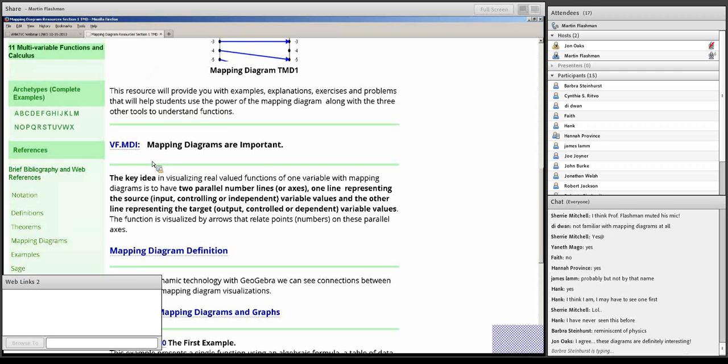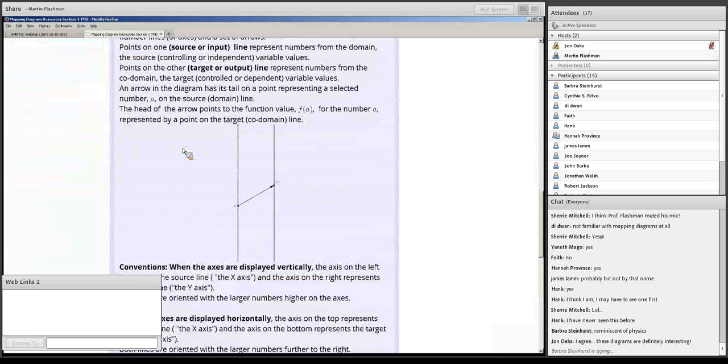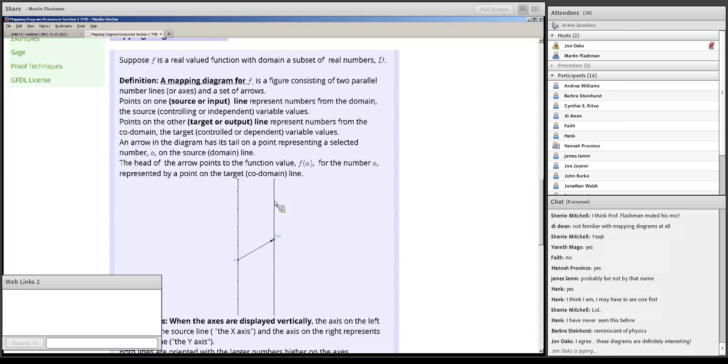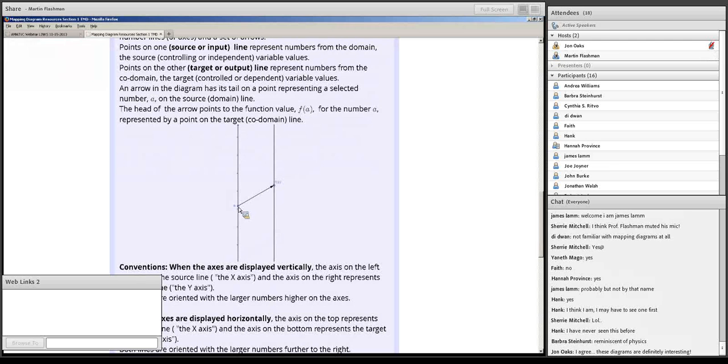Well, so here's a definition of a mapping diagram. It's a figure that has 2 lines, a left hand and a right hand. One I call the source or the domain, and the other I call the target or the codomain, the inputs and outputs. And an arrow going from a point in the domain to a point in the target represents that the value a, when put into the function, comes out with the value f of a.